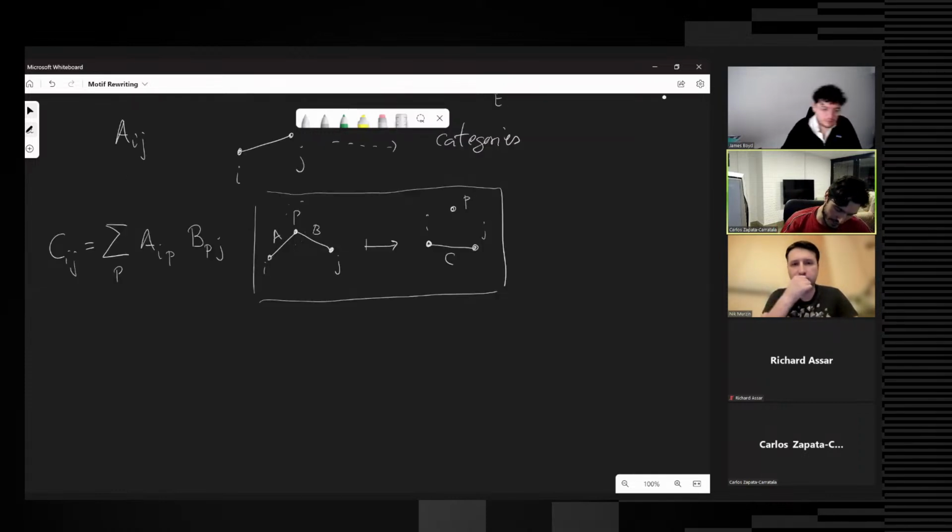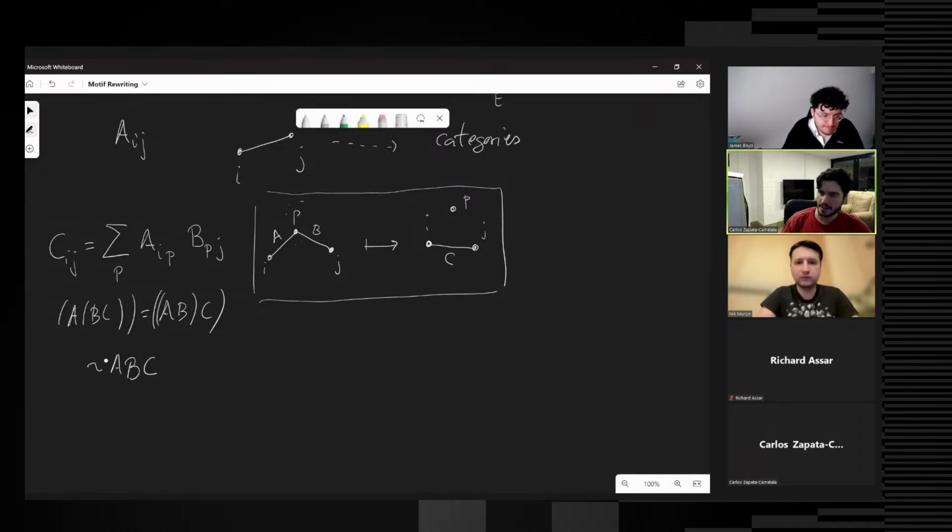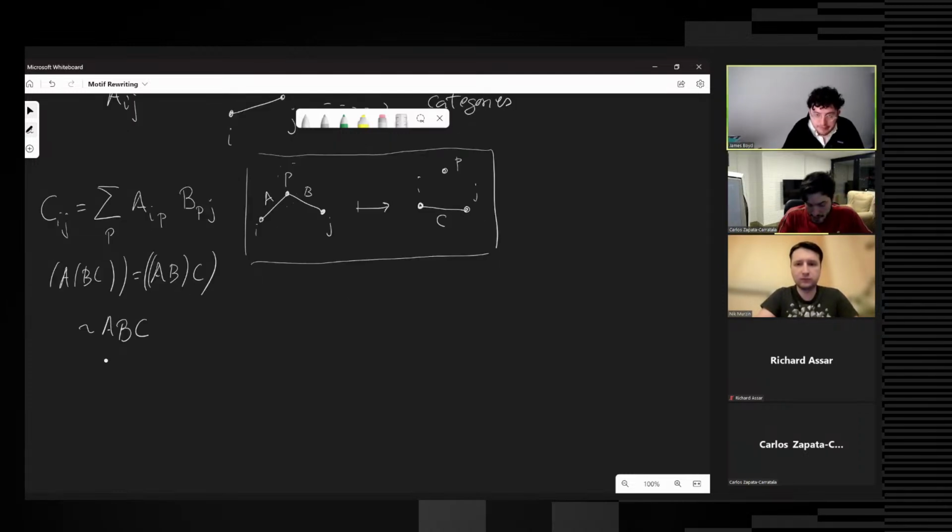And so we all know that this product has associativity, A(BC) equals (AB)C, right? Meaning that you can essentially just write this as ABC, and it's unambiguous, right? So this is an algebraic fact.